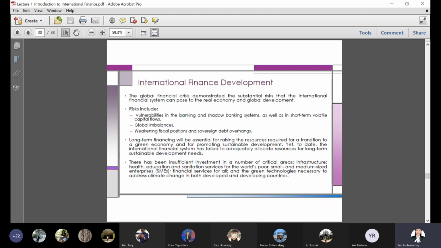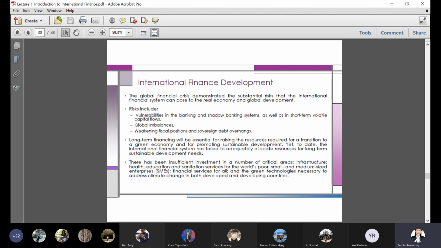So after the GFC, we're not only looking at macroeconomic risk or financial system risk alone, but we are now looking at what we call the macro-financial linkage. What is the feedback loop from macroeconomics into the financial systems and from the financial system into macroeconomics? And then we do stress testing also on the macro levels.